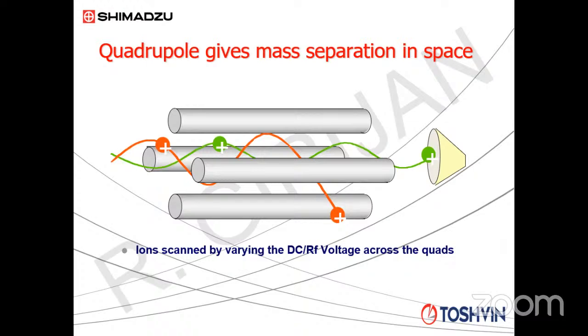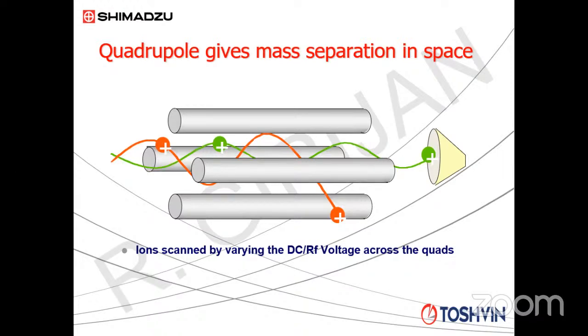Now, how does this quadrupole separate these ions, or take out the ions from the ion source? I said one rod is at the top and one is at the bottom. That forms one pair. One on the left-hand side and one on the right-hand side forms the second pair.